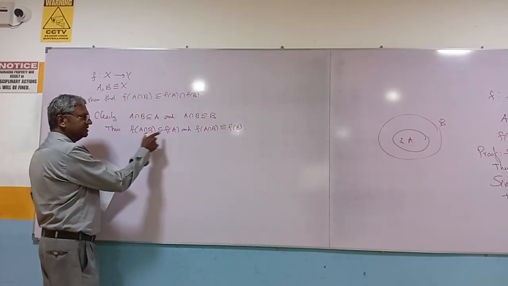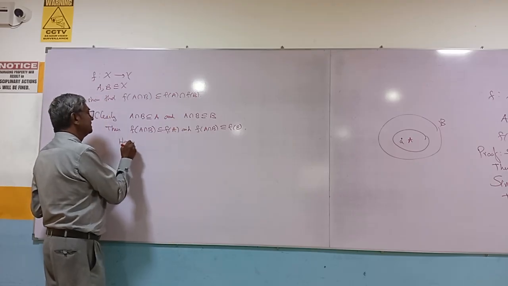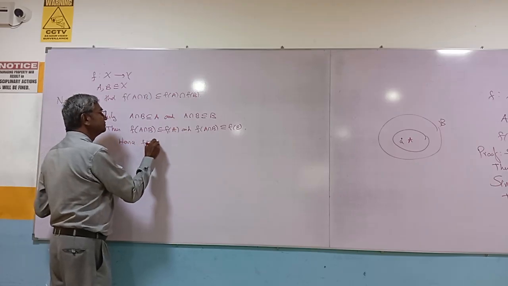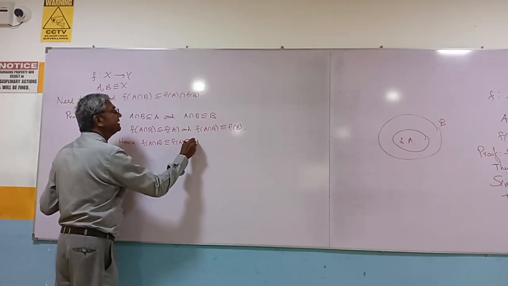Now f of A intersection B is a subset of this set and that set. Hence, can I say f of A intersection B is a subset of f(A) intersection f(B)? Can I?